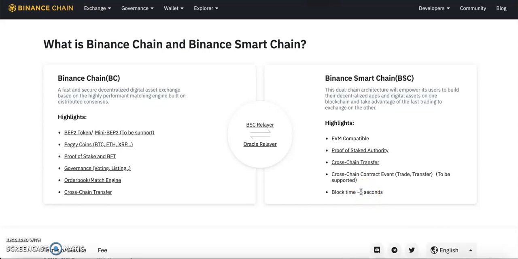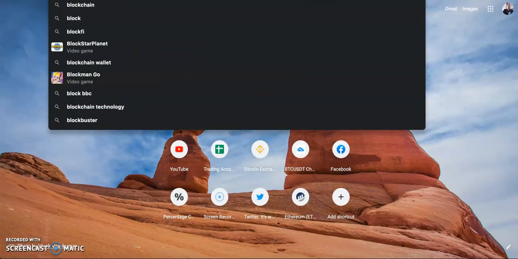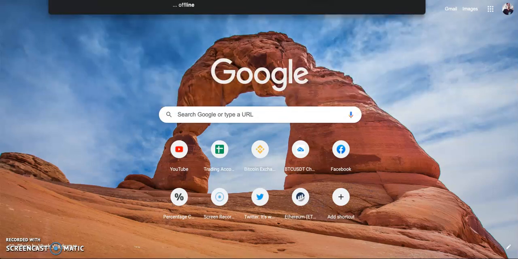You say 5 seconds? 5 seconds just means that Binance chain is 3 times faster than Ethereum. Now, why is it 3 times? The block time of Ethereum is, let's just check it out.